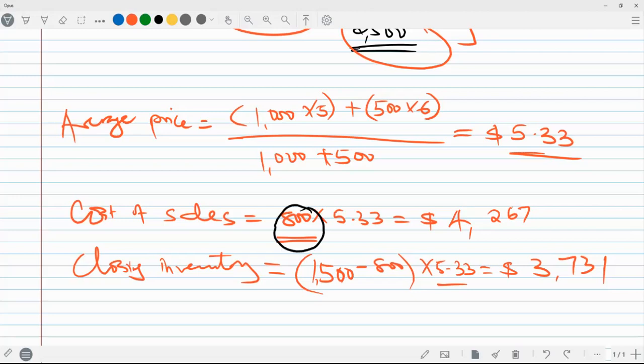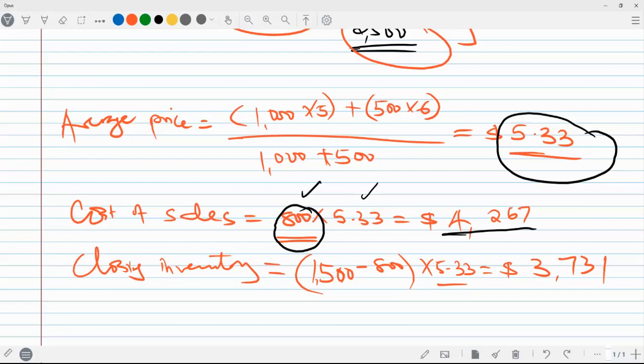Yeah. Now, what's the cost per item? We have already done the calculation there. It's 5.33, isn't it? Therefore, what's the cost of the item you're selling on that 1st of March? It's 800 times the cost per item, which is 5.33. That gives us therefore a value equal to 4,267.